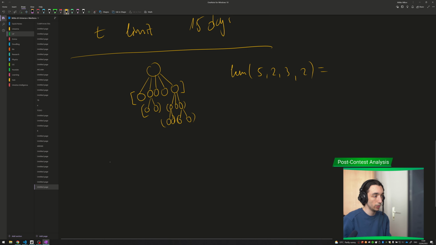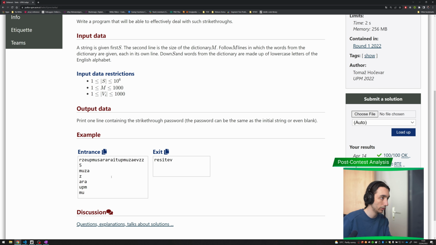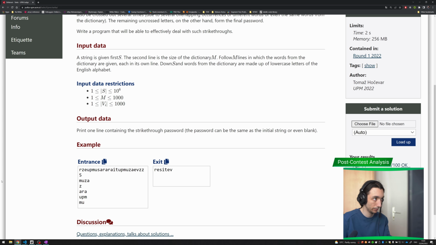You have some string, and then if you have a dictionary, let's say you have this in the dictionary, you strike out this and you strike out this, and then you're left with this. The left out characters should be written.